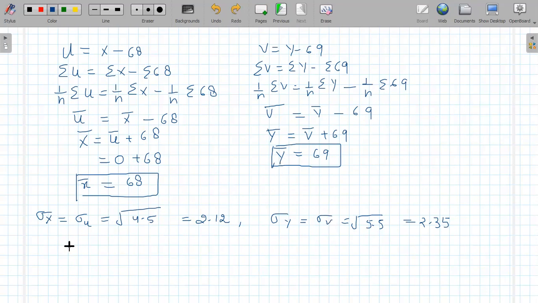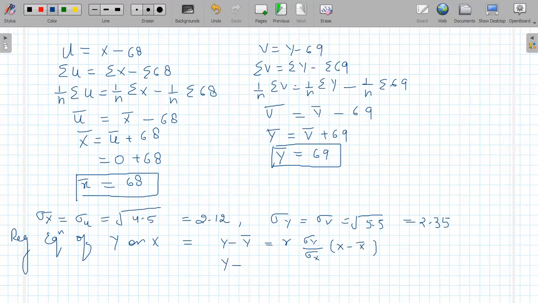तो नाउ वी आर रेडी टू राइट द regression equation of y on x is given by y minus y bar equals r sigma y over sigma x into x minus x bar.